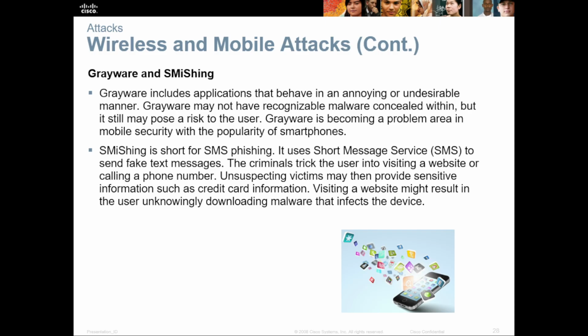Smishing is short for SMS phishing. It uses short message service to send fake text messages. The criminals trick the user into visiting a website or calling a phone number. Unsuspecting victims may then provide sensitive information such as credit card information. Visiting a website might result in the user unknowingly downloading malware that infects the device.